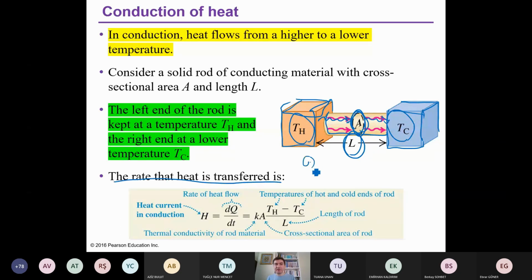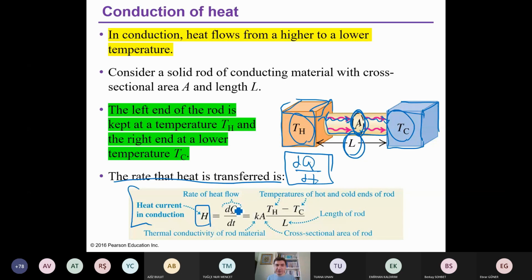So you transfer heat. Heat is Q. So the rate of heat flow is given as this. As heat changes with time, the heat flow, or heat current, in conduction is given by this.